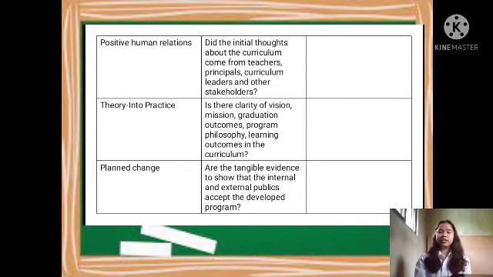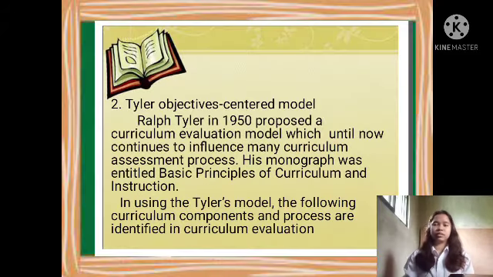Is there clarity of vision, mission, graduation outcomes, program philosophy, and learning outcomes in the curriculum? And last is planned change. Is there tangible evidence to show that the internal and external publics accept the development program? If any of the indicators is answered with a no, action should be taken to make it a yes.